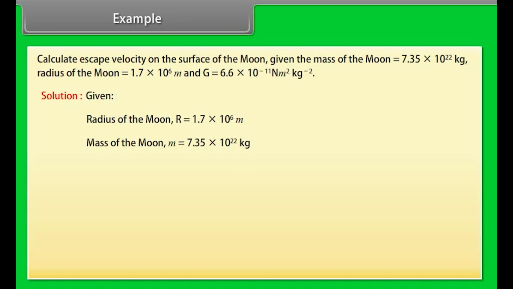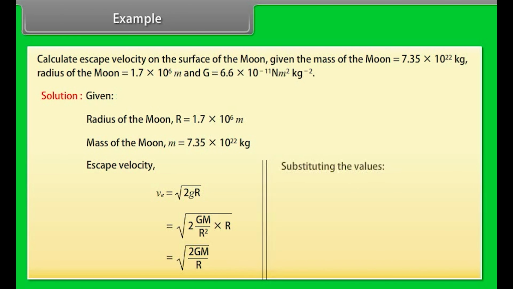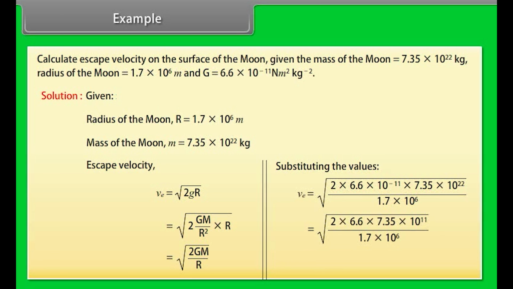Mass of the Moon M = 7.35 × 10^22 kilogram. Escape velocity is equal to √(2gR). By putting the value of g, we get escape velocity = √(2GM/R). By substituting the values, we get escape velocity = 2.4 × 10^3 meter per second.